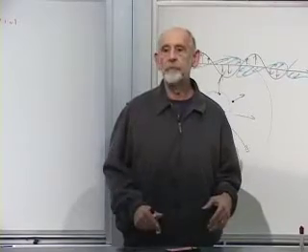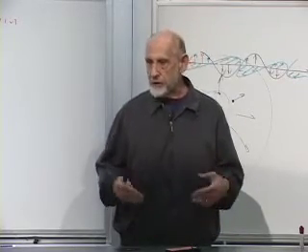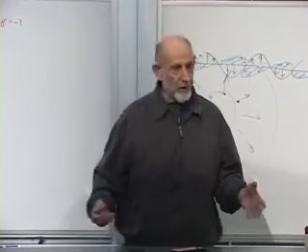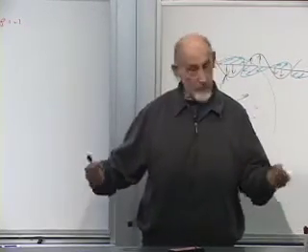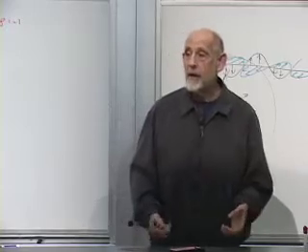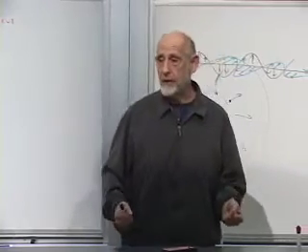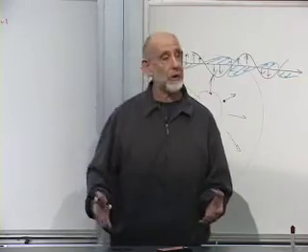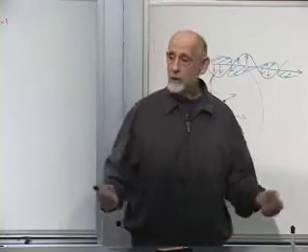So, for example, two objects with the same baryon number would repel each other. A proton and a neutron would repel each other because they have the same baryon number. A proton and a proton would repel. On the other hand, a proton and an antiproton having opposite baryon number would attract.